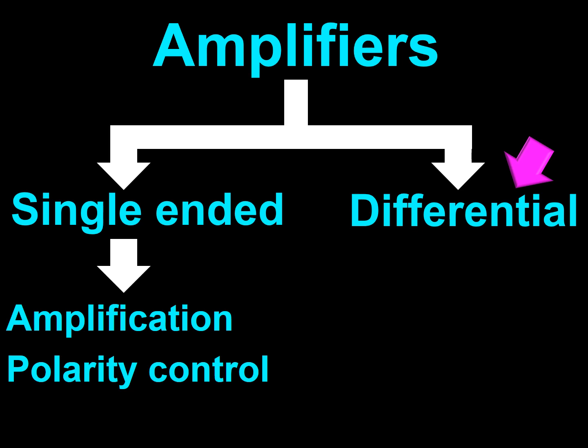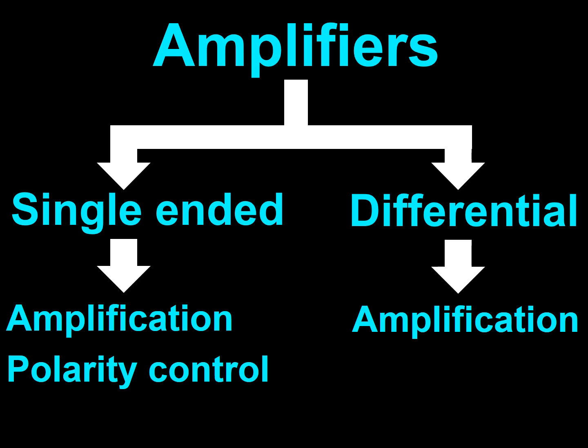Differential amplifiers are built by using two single-ended amplifiers with their output attached to a second form of amplifier, at times called drivers. This type of amplifier, in addition to providing amplification, adds discrimination to the function of the differential amplifier.